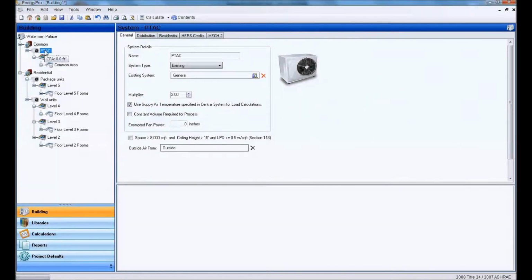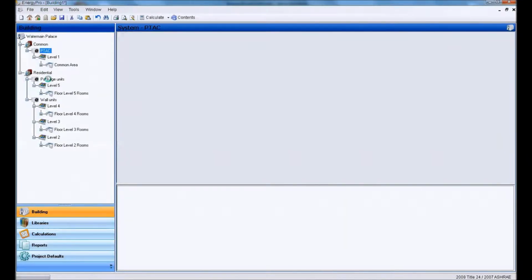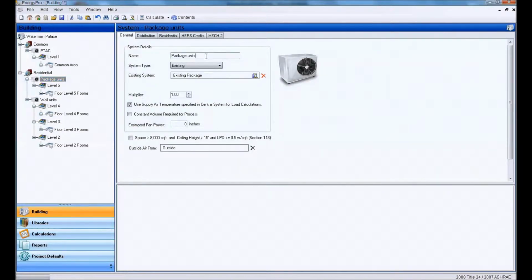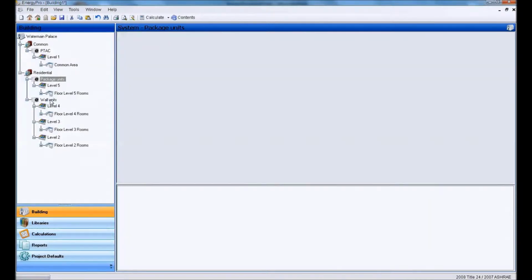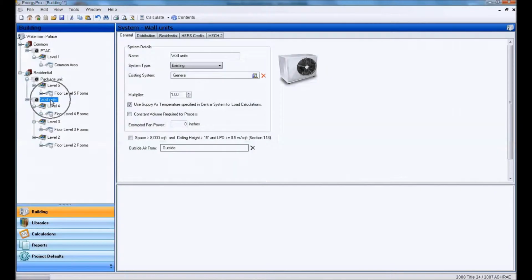One PTAC, or package terminal air conditioner unit, that serves the common area, a package unit that serves just the top floor, and we have individual space wall heaters that serve the middle components, or the middle level assemblies.